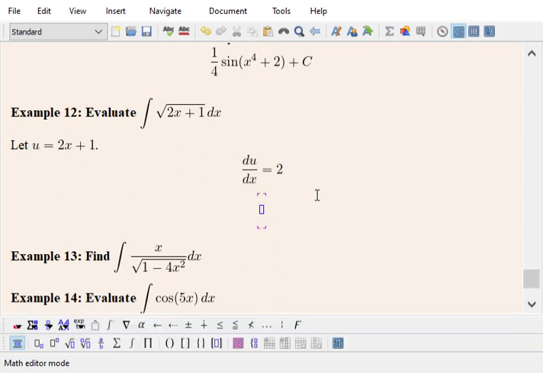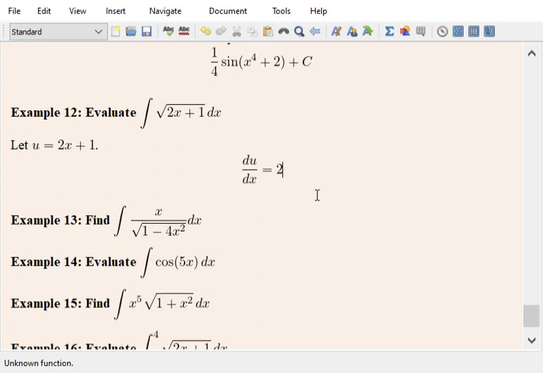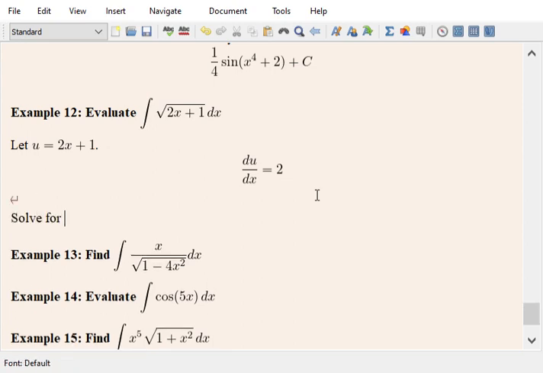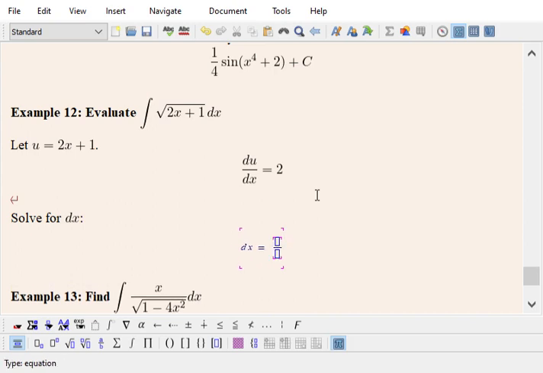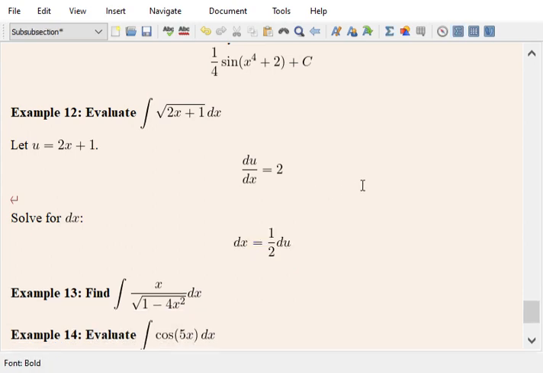So if we solve for dx, we get 1/2 du, right? Literally just move the dx up here, move the 2 down here.